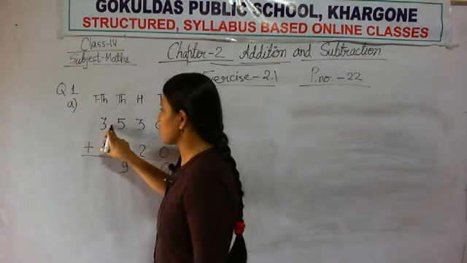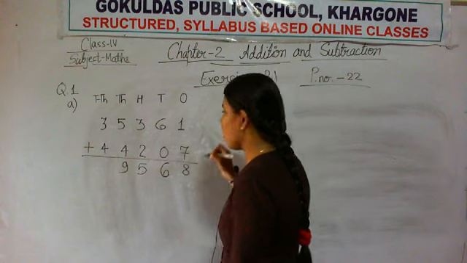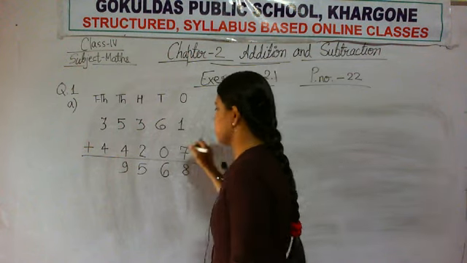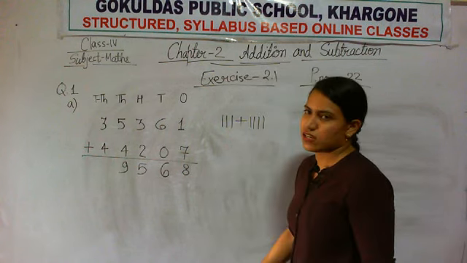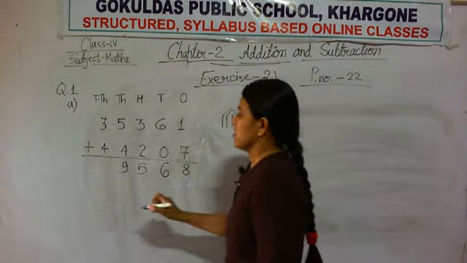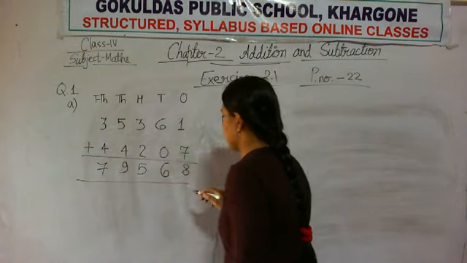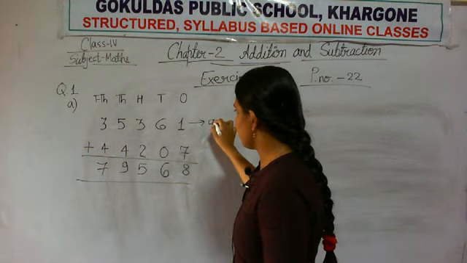Now go to the last column. The first digit is 3, so draw 3 sticks, plus the next digit is 4, so draw 4 sticks. Now start counting 1, 2, 3, 4, 5, 6 and 7. Here this is what?